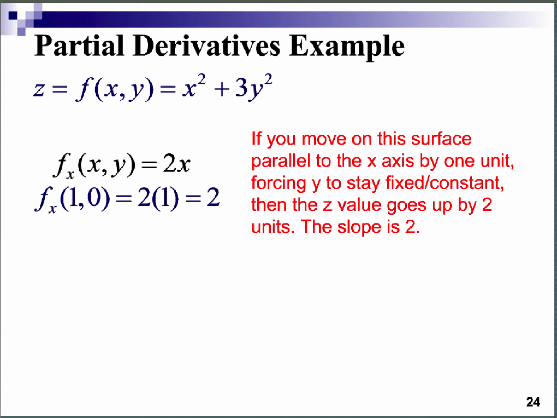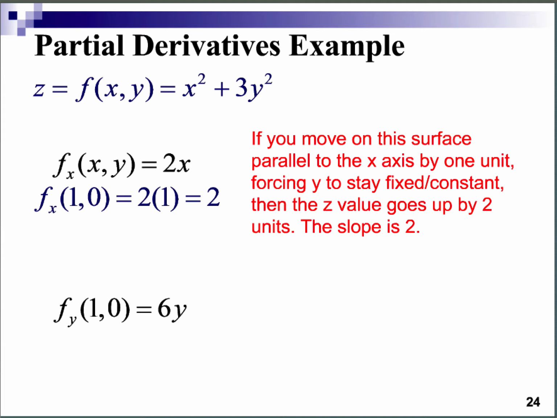The slope of the tangent line at that particular point on the surface would be about 2. So you're moving along the surface, but your movement is constrained so that it's parallel to the x-axis, then your total climb in the vertical z distance will be 2 units.